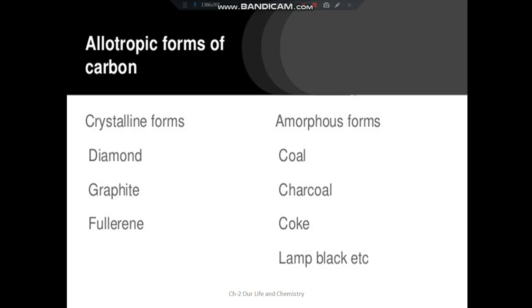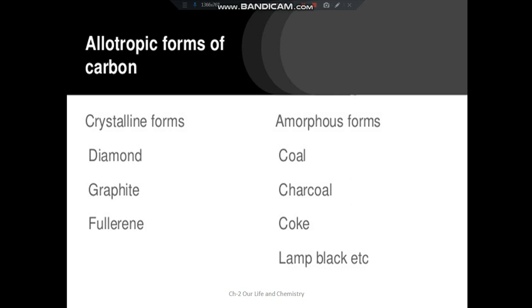So the allotropic forms of carbon are divided into two categories: crystalline forms and amorphous forms. In crystalline forms we have diamond, graphite, and buckyballs, also known as fullerenes. Since these allotropes are the same element, their chemical properties are the same, but because of a slightly different arrangement in their structure, they have a little difference in their physical properties.